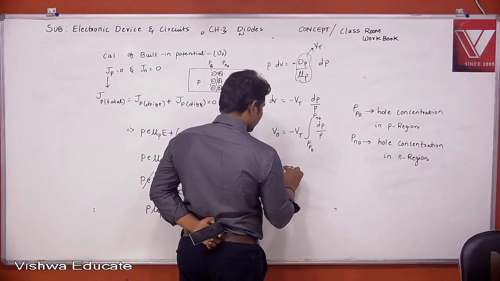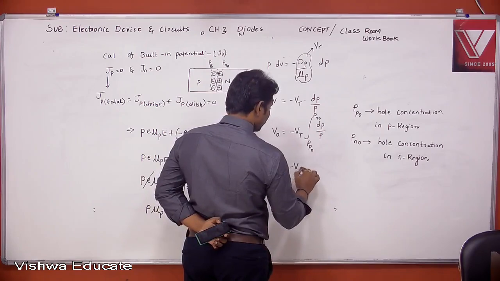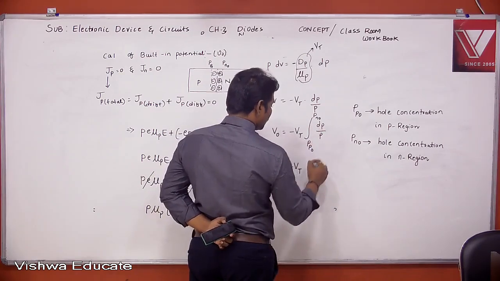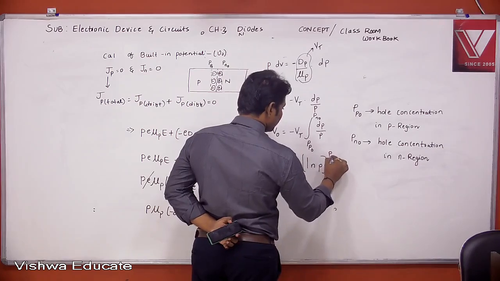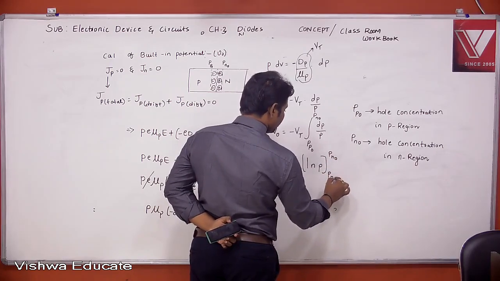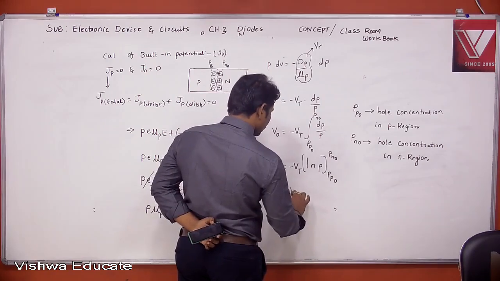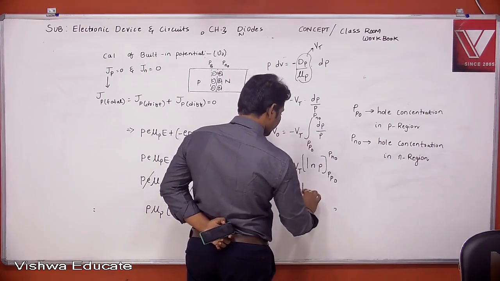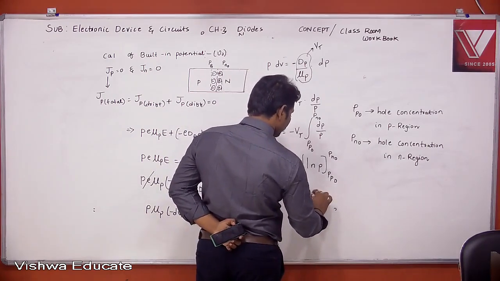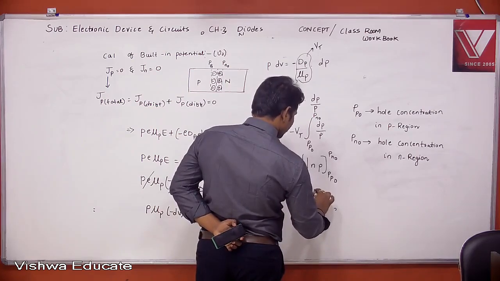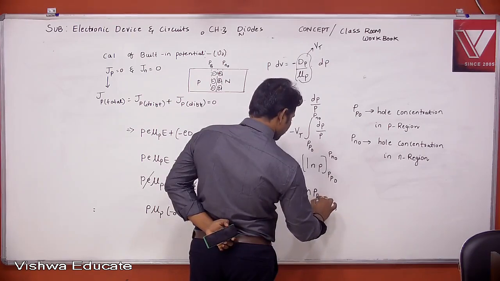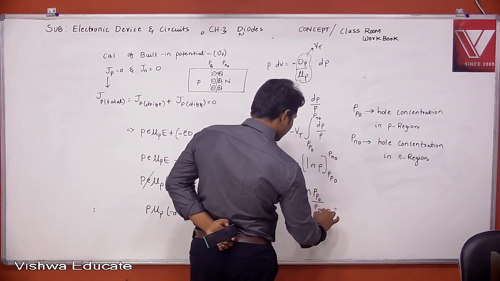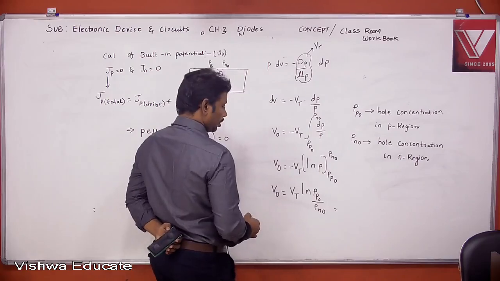Now V0 equal to minus Vt into, what is the integration of 1 by P actually? Ln of P. Limits PN0 and PP0. Now V0 equal to Vt into Ln of PP0 by PN0, right?